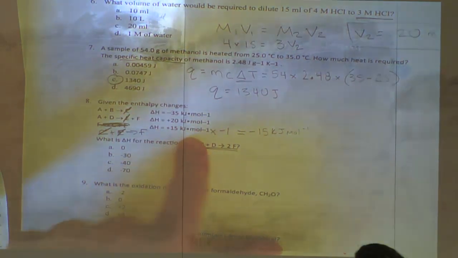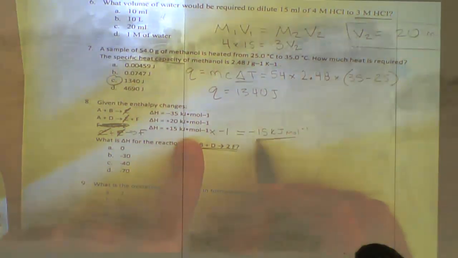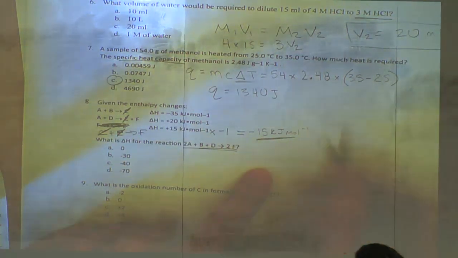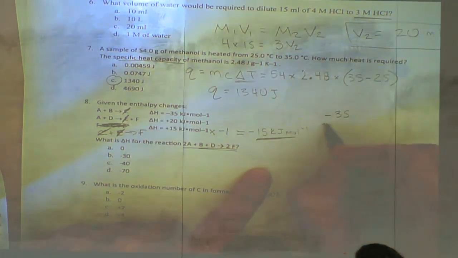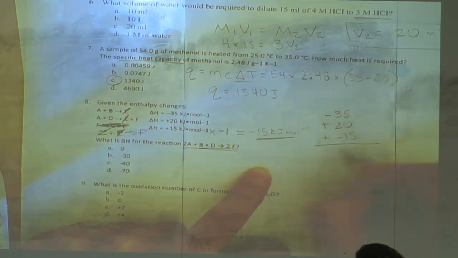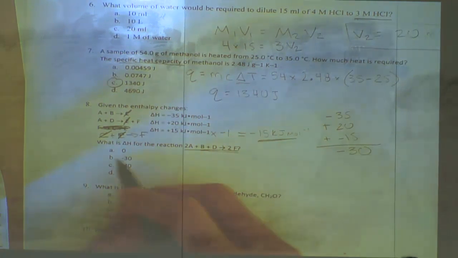Add them. Now you just got to make sure that you account for any changes you made. So we changed that one. So we do -35 plus 20 plus -15. So we get -30? Awesome. So -30 would be our final answer. Do we all agree with that?